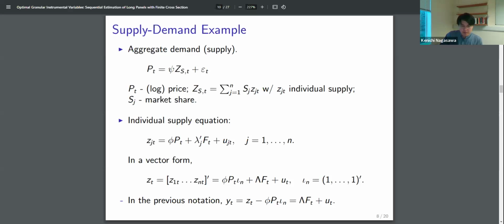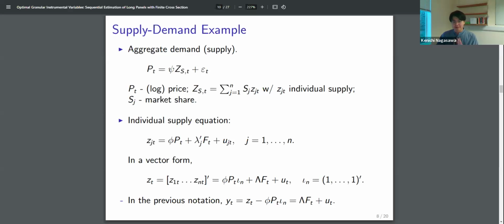And so, if we write it in a vector form, this Z_t is an N times 1 vector, and we can write it in this way, where the second part has the interactive fixed effect structure as we did in the previous section, but we also have this additional part, which is the price, the endogenous variable. And here, iota just means the N times 1 vector of ones.